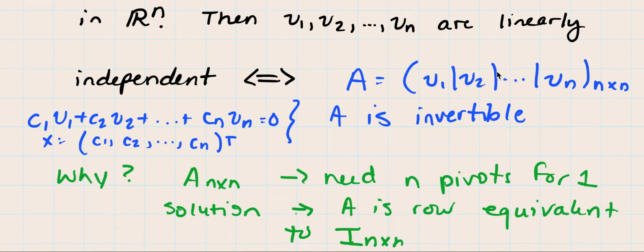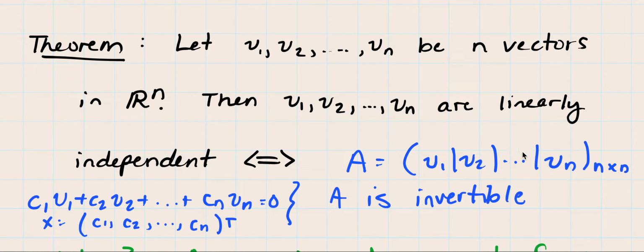Now remember that if this matrix is not square, then we can't talk about a matrix being invertible or not. We don't have a definition for a matrix being invertible if it's not square. So you have to be very careful. You have to have the same number of vectors as this number here in Rn.